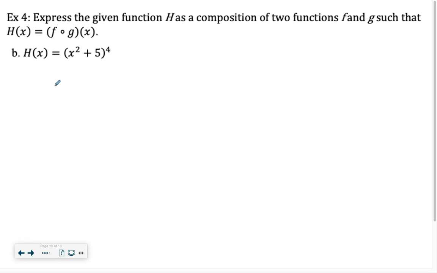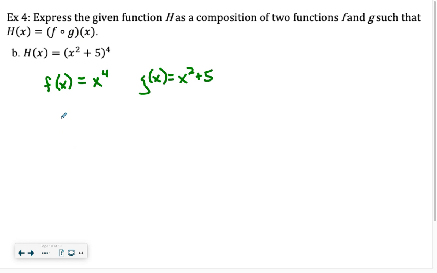All right, so we could do, again, this a couple of different ways. Right? I could say that f of x is x to the fourth, and g of x equals x squared plus 5. Right? So I would be plugging this in place of x to create this function.